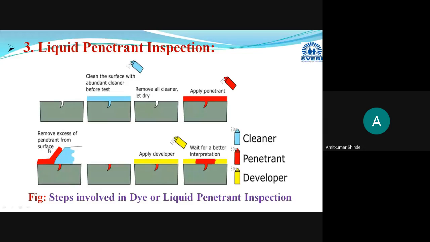Then the excess penetrant is removed from the surface. Whichever excess amount of penetrant is present on the surface, it is removed.